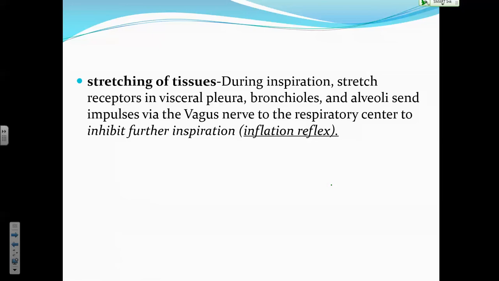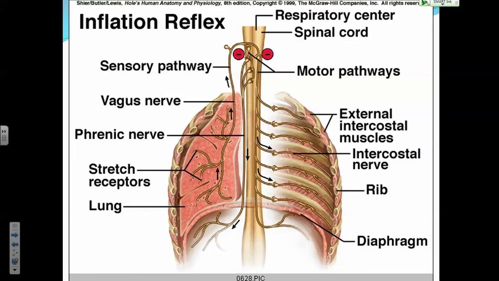That's called the inflation reflex. A lot of times when you see a word in front of the word reflex, that's what the reflex prevents. So the inflation reflex prevents too much inflation. It doesn't cause inflation, it prevents more. This picture shows where some of these stretch receptors are, and they're sending impulses to the respiratory center.